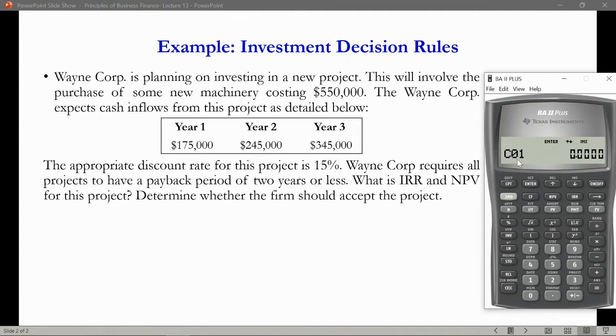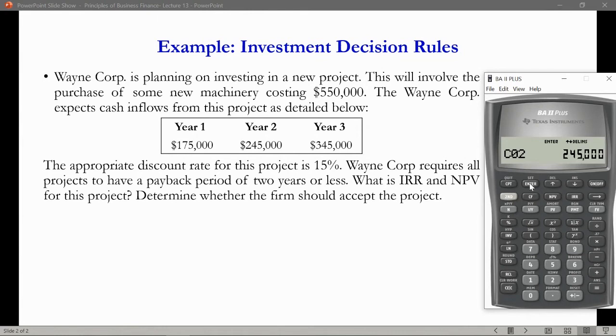Then using the arrow button, I'm going to enter the cash flow at the end of year one, which is $175,000. Since it's only happened once, the frequency will remain 1, so we skip the frequency, and then the cash flow for the end of second year is 245,000.